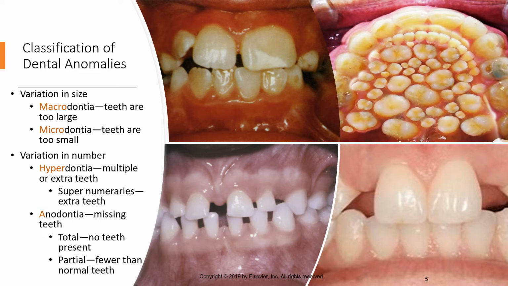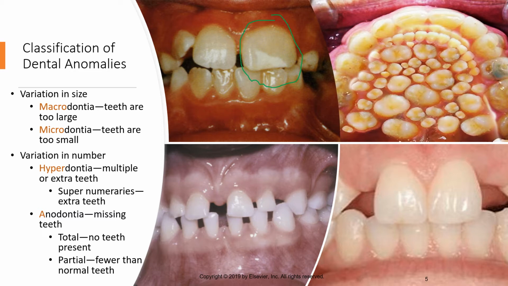Okay, so you can see, let me grab my pen here. I'm going to grab the color green to go against the red here. But you can see that this tooth here is abnormally large. Okay, so they just have a localized macrodontia, but some people just have overly large teeth throughout.